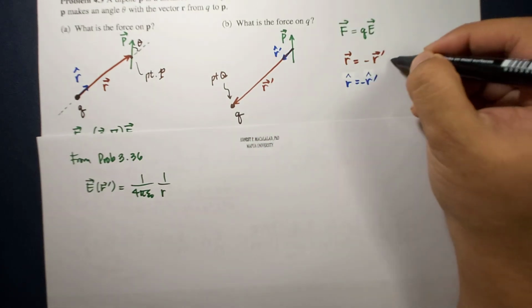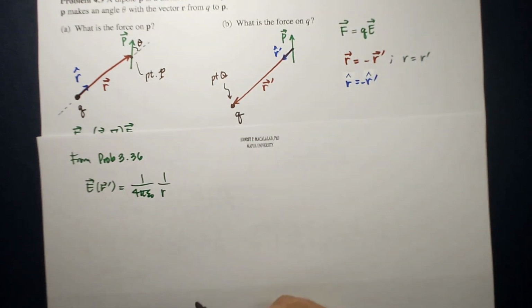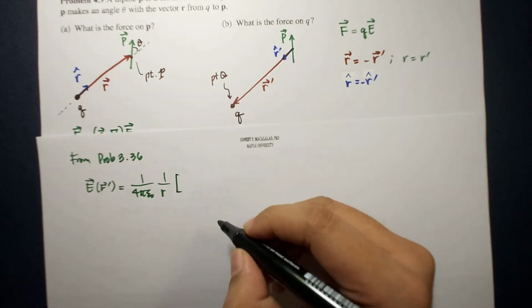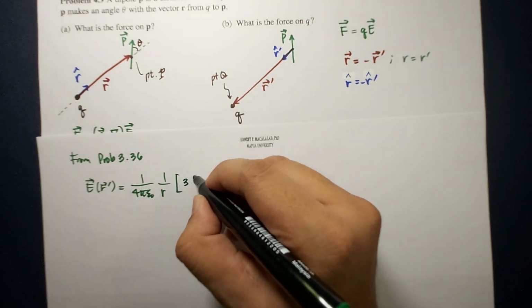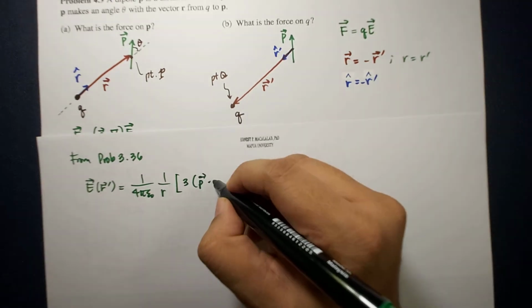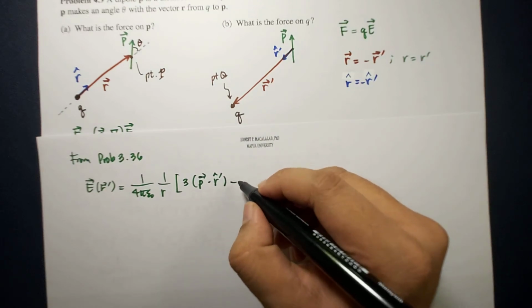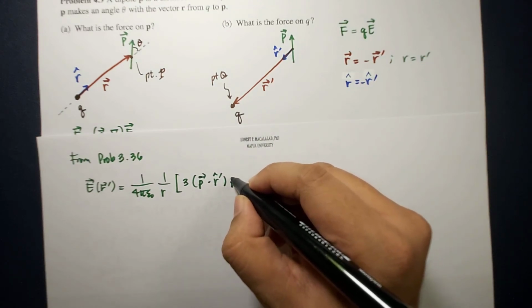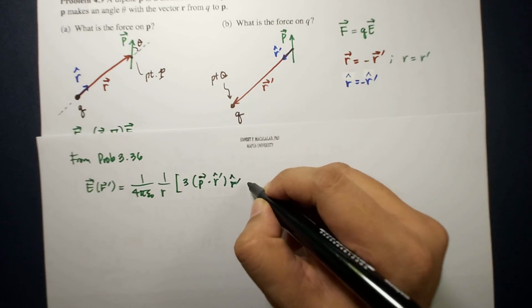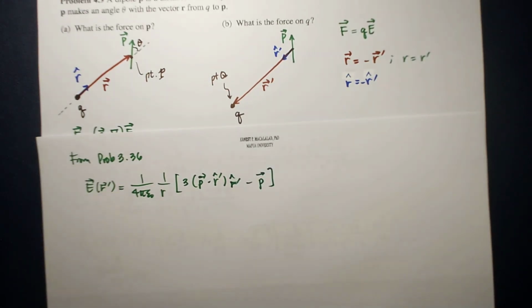You will notice that r is equal to r prime, so just write in here r times 3 times p dot r hat prime minus p.